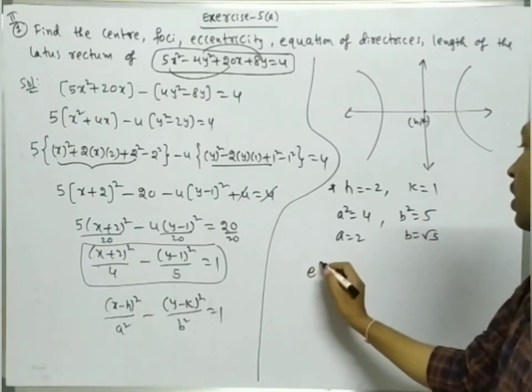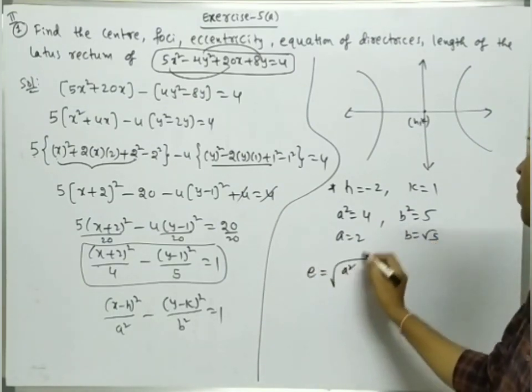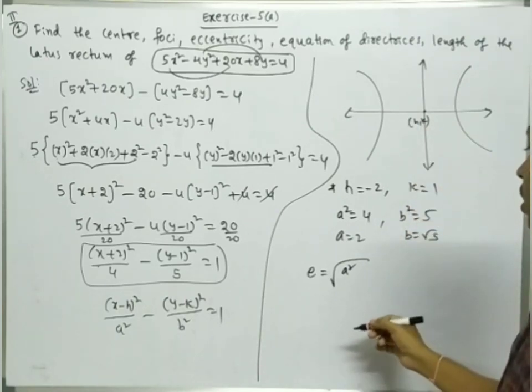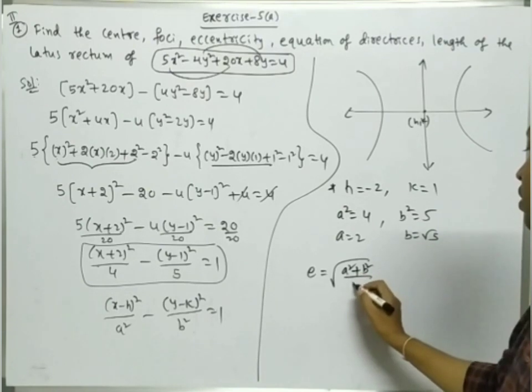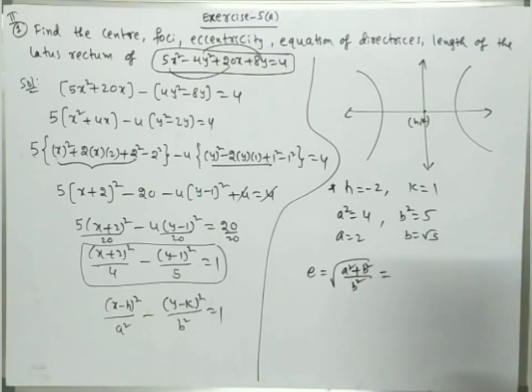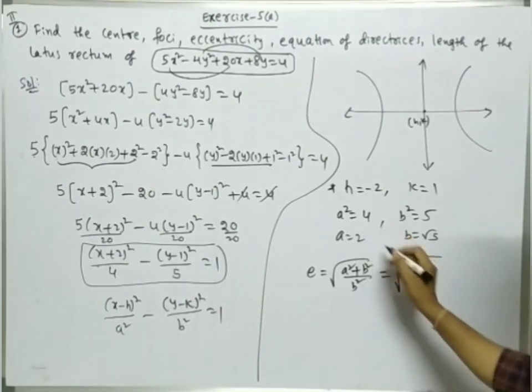From this, for this type of hyperbola, the eccentricity formula is e equals under root of a square plus b square, by under root of a square.